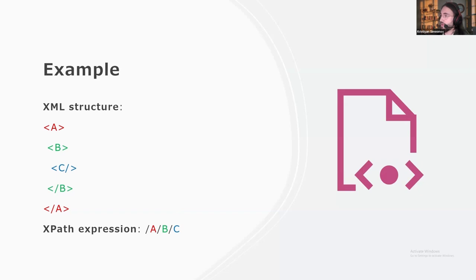But as I mentioned to you, there are absolute paths, which this one is an example of. But when it comes to relative paths, the problem becomes a little bit tricky, because relative paths start from the current node, wherever you are in the document. It does not start with a forward slash.